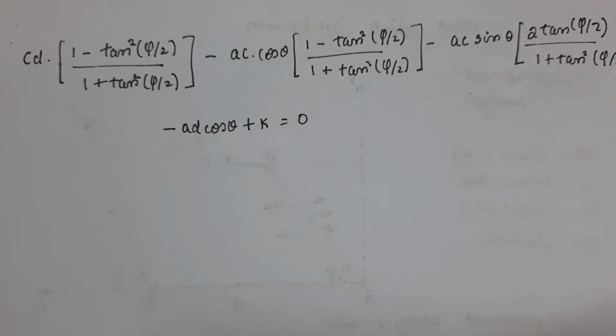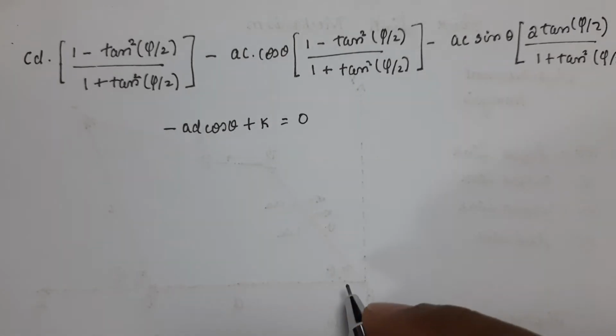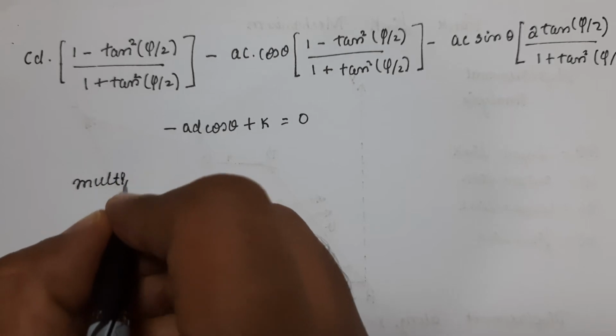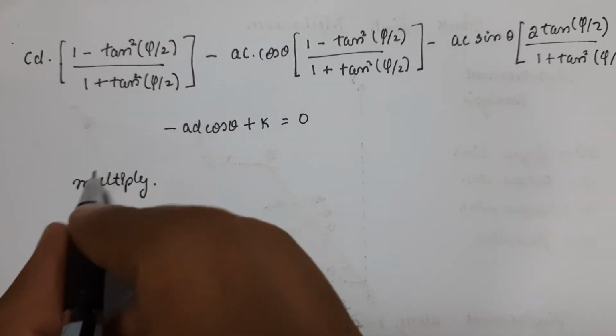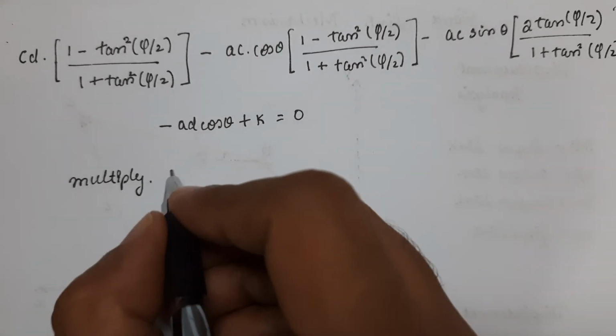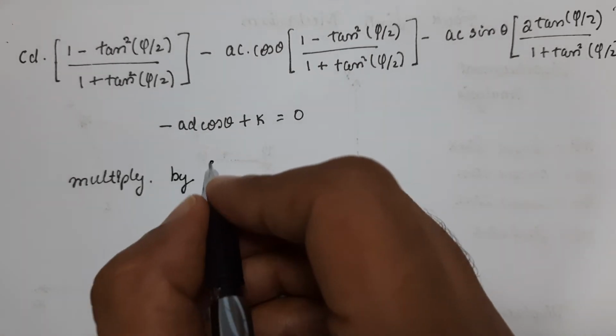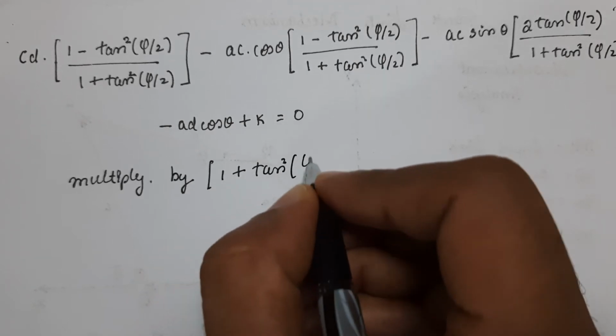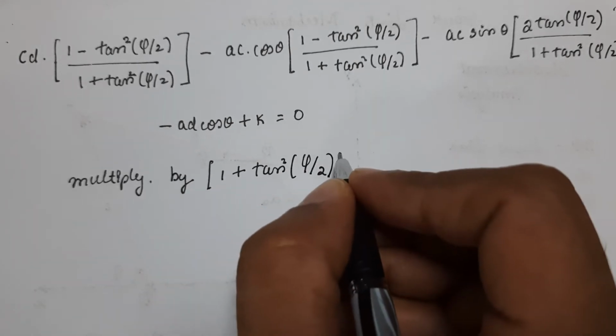Okay, now to simplify this particular equation, I'll multiply this complete equation by 1 plus tan square phi by 2.